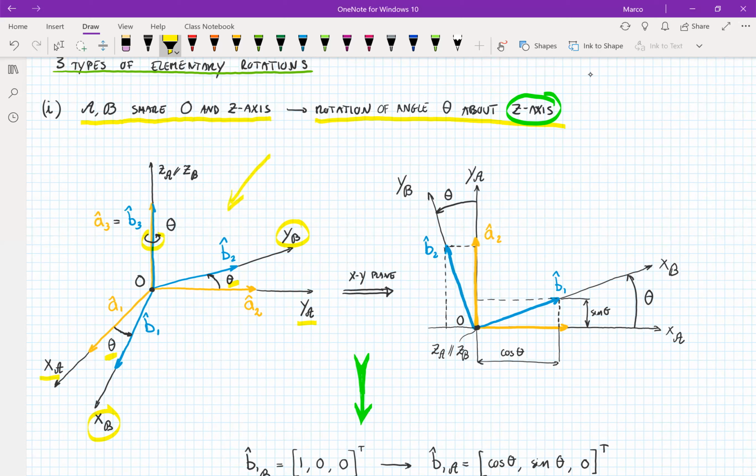Now if we take a look at the same picture, but we focus on the x and y plane, so it's just as if we were looking at things from above, then it's easier to see the rotation. So once again, xa rotates into xb and ya rotates into yb.